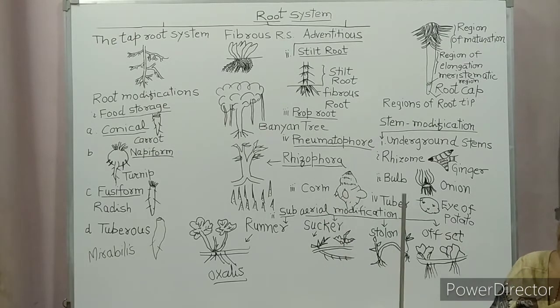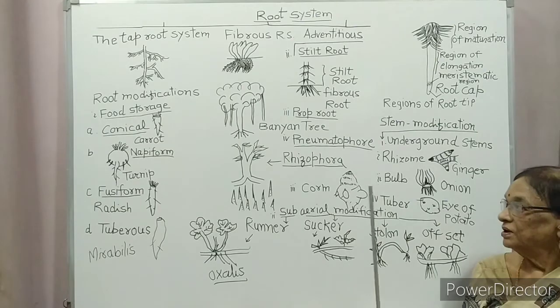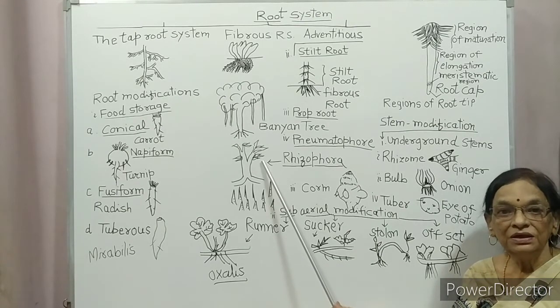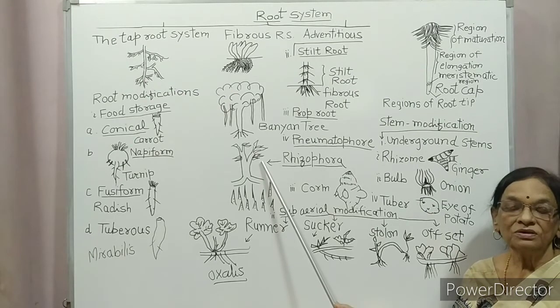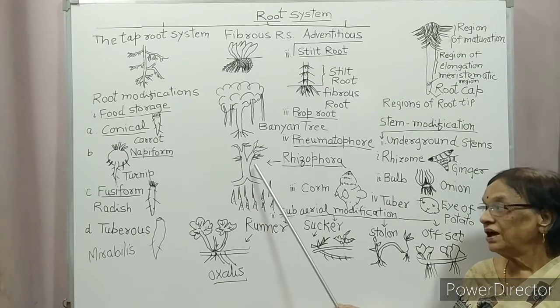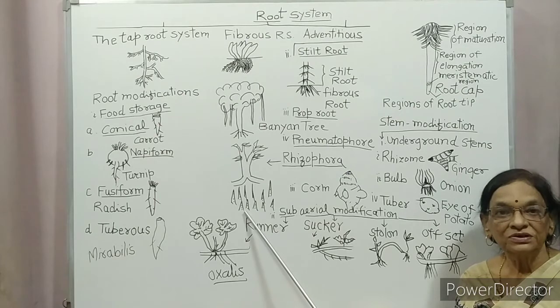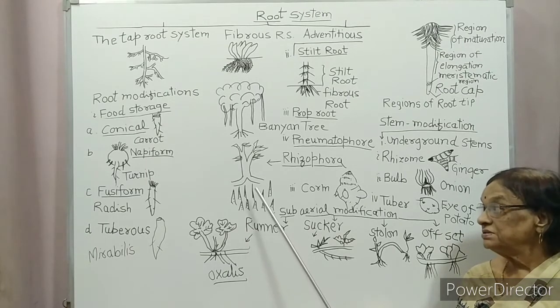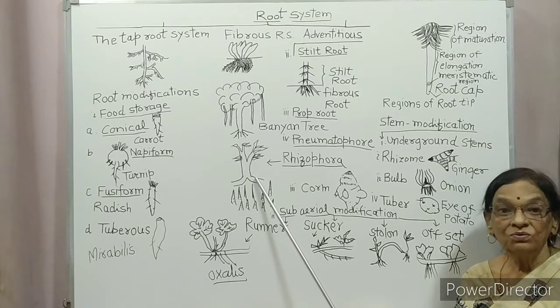It is called pneumatophore. Rhizophora is a plant which grows near the seashore. You know the soil near the seashore is waterlogged because it has a high concentration of common salt. So common salt makes the soil very hard. So it is difficult for the root system to grow underground.